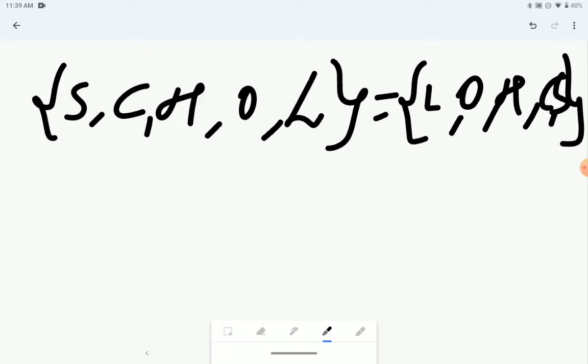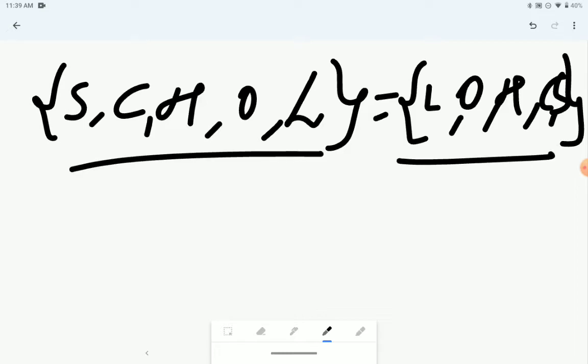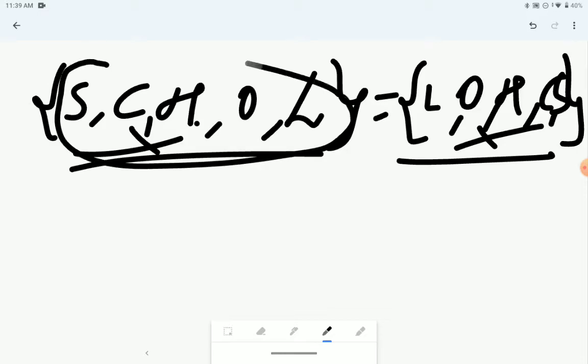Here, these two sets are equal. There is no change in the sets. Only the change here is order. So order does not matter in roster form. Here SCHOL, here LOHCS. Every element present in this is also present in this. So this is equal to this.